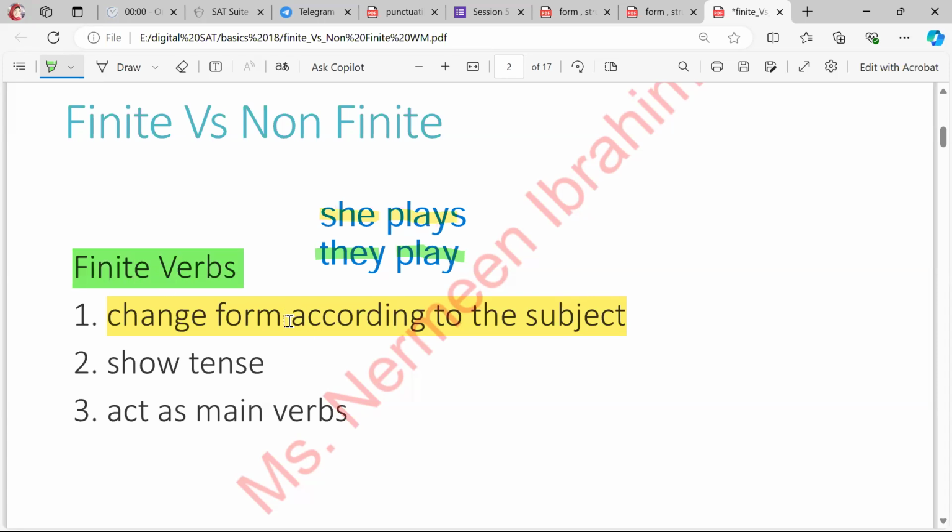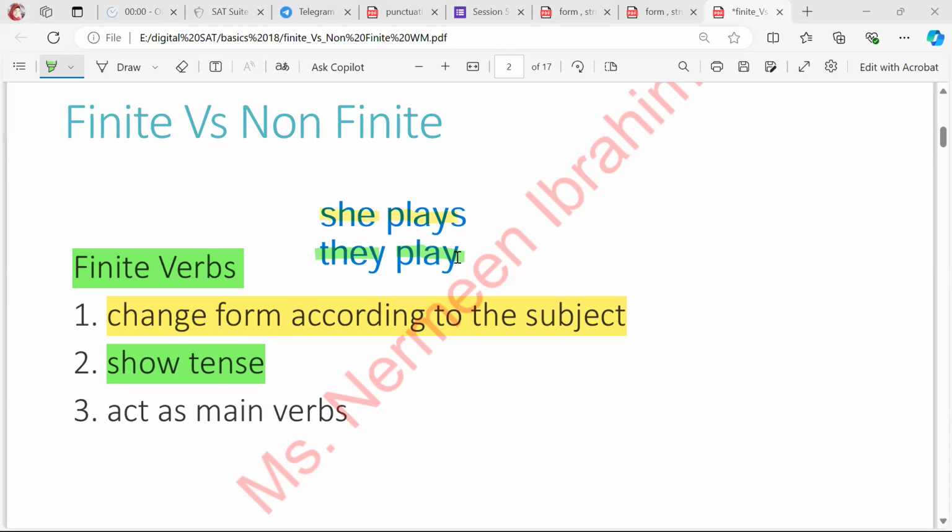Okay? What else? Finite verbs also show tense. What is the tense of plays and play here? Let me choose someone. Ahmed Tariq. Do you know the tense that plays and play show?